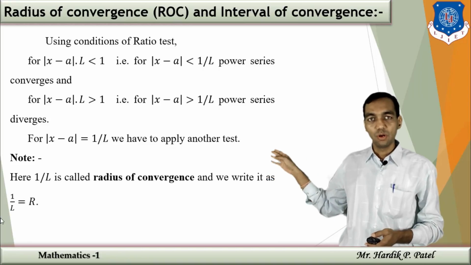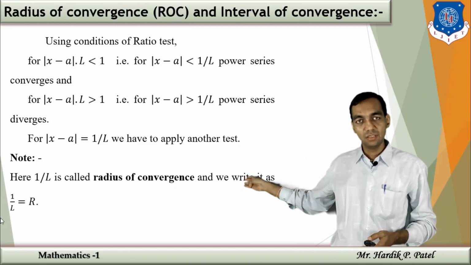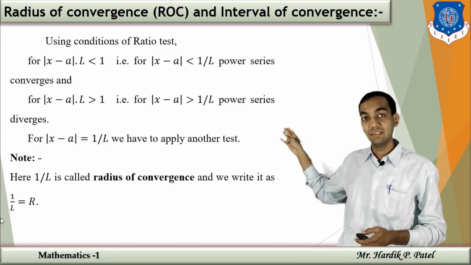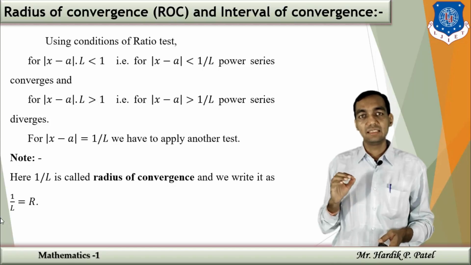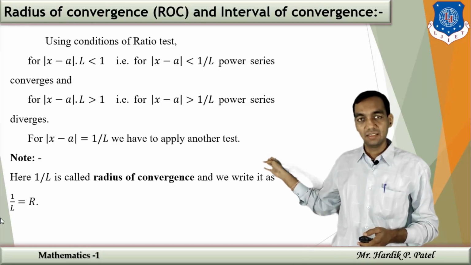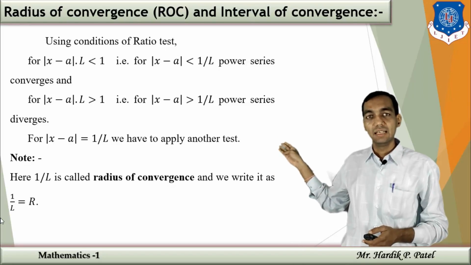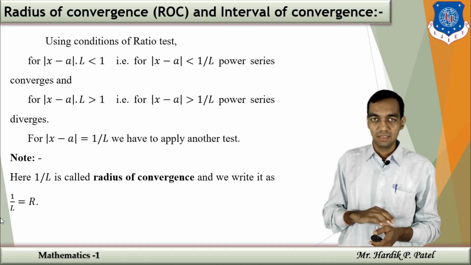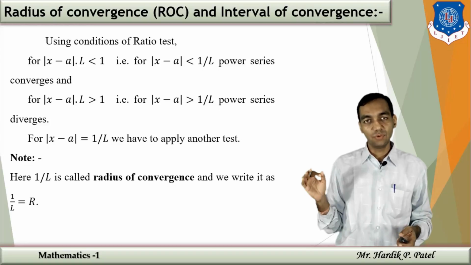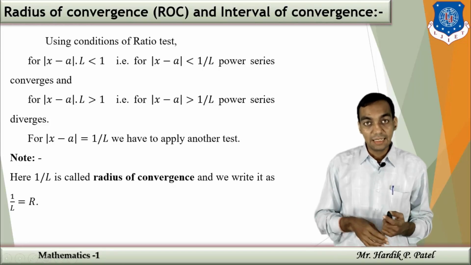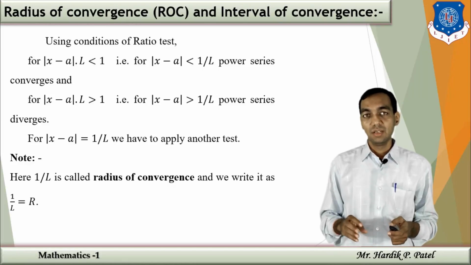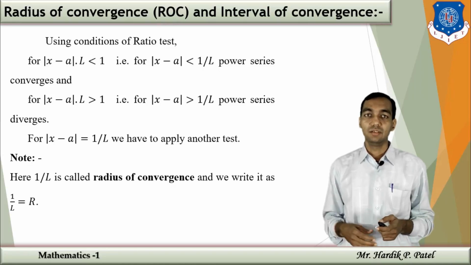That means if mod of x minus a into L is less than 1, that is, mod of x minus a is less than 1 upon capital L, then the series is convergent. And if mod of x minus a into L is greater than 1, that means mod of x minus a is greater than 1 upon L, then the series is divergent. And whenever it is equal to 1, the test fails. In that case you have to apply some other test. So please remember that.